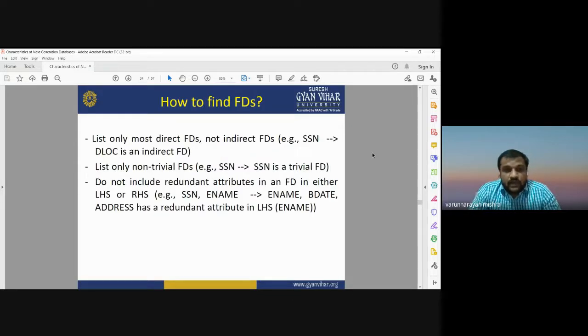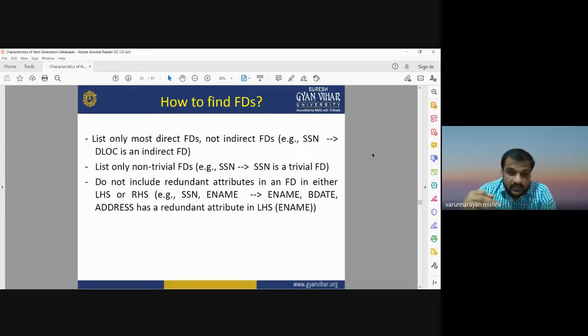So how do we find proper functional dependencies? We list only the most direct functional dependencies, not indirect functional dependencies. List only non-trivial functional dependencies, and do not include redundant attributes in a functional dependency on either the left hand side or right hand side.